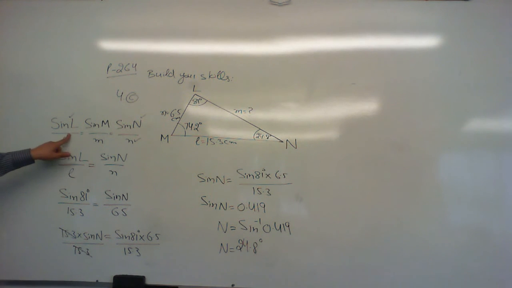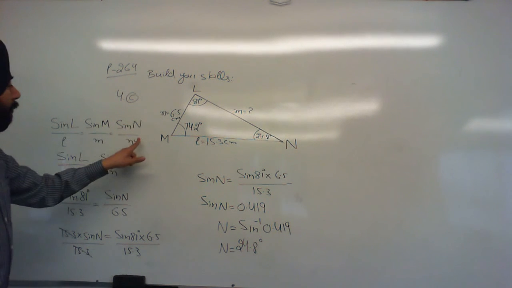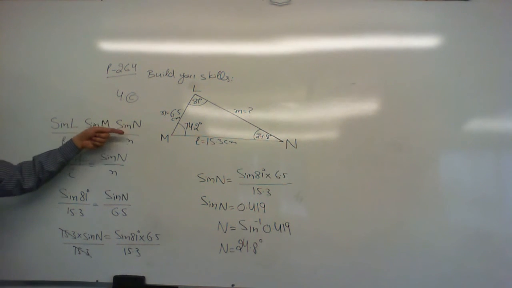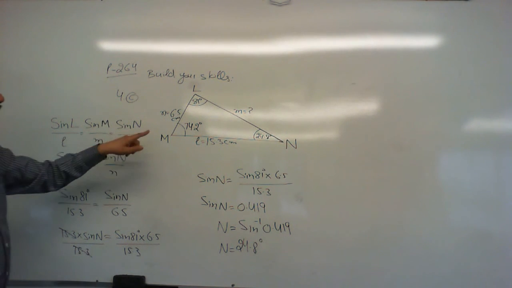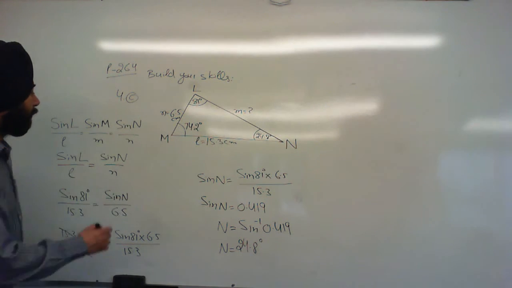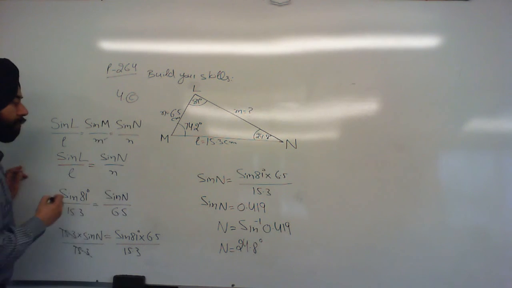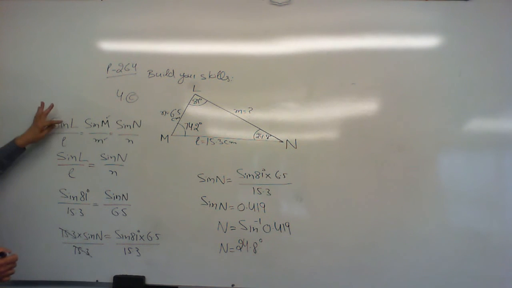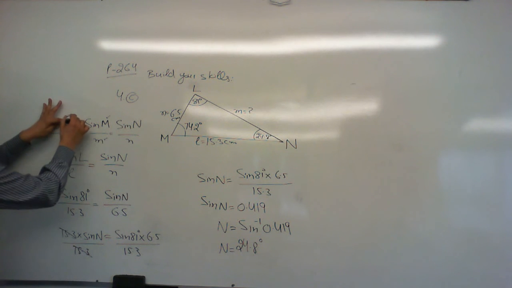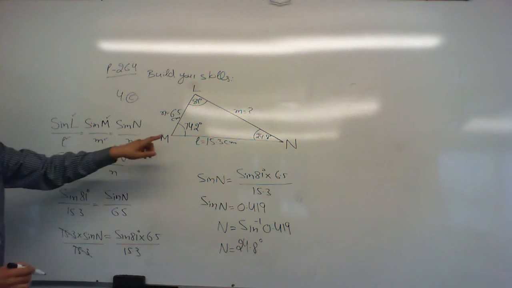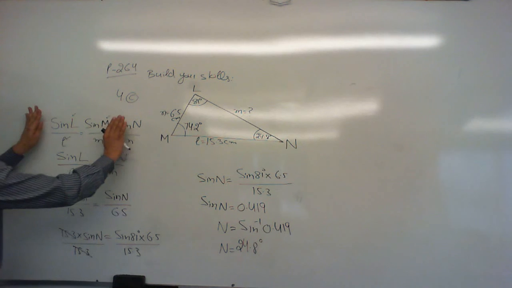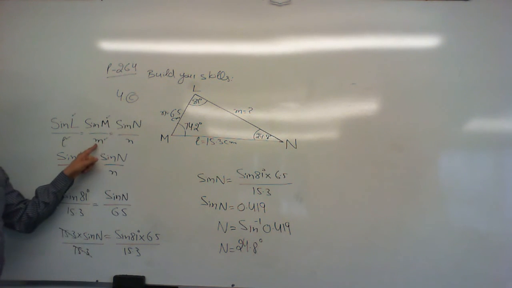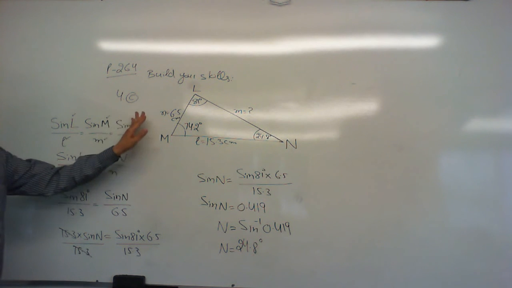Out of this formula that you wrote for this triangle, sine L over L, sine M over M, sine N over N, because you now have to find this small m, you have to include this M, and you know this angle, and you also know angle L and length L. So you can use this part, sine L over L, sine M over M, to find this M, right? You don't need to use this thing.